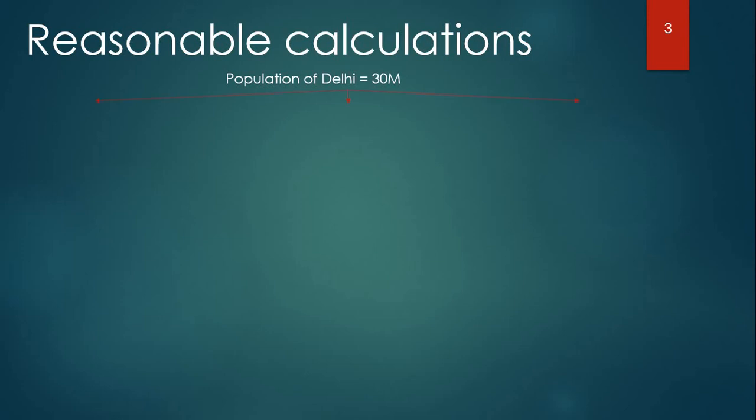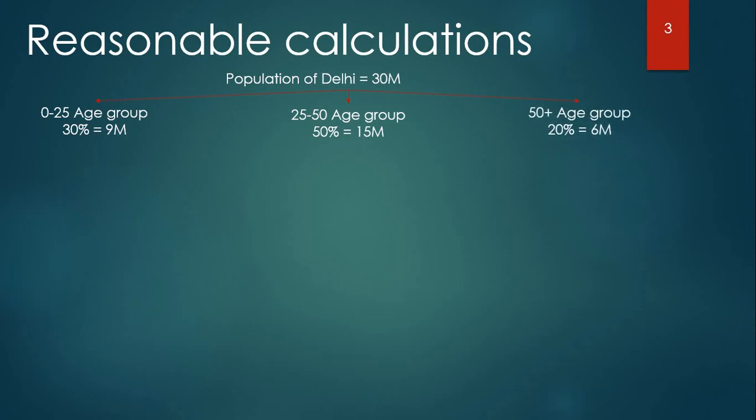Then I break this into the age distribution. So 30%, which means 9 million, belongs to 0 to 25 age group. 50%, which means 15 million, belongs to 25 to 50 years of the age group, and around 6 million belongs to 50 plus age group.